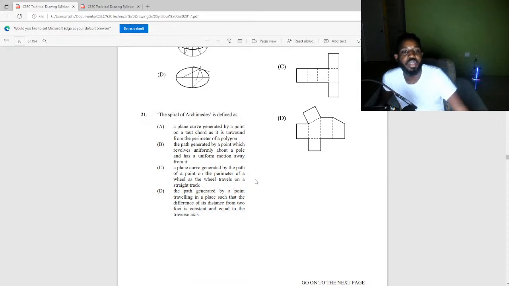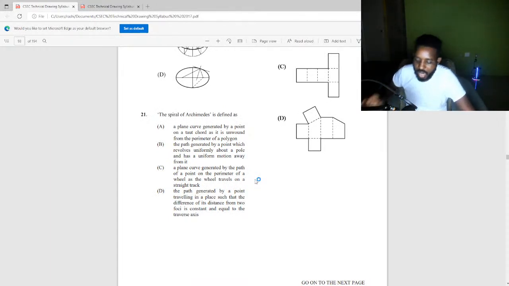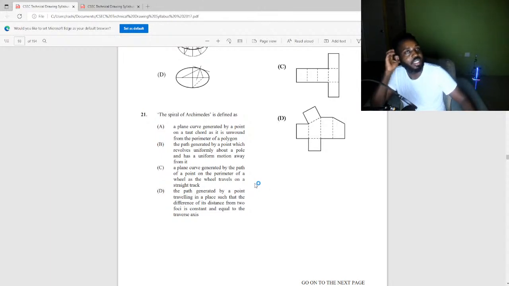Number 21, the spiral of Archimedes, the Archimedean spiral, very famous drawing in TD, especially if you do BMed in grade 12. The spiral of Archimedes is defined as: a plane curve generated by a point on a thread as it is unwound?